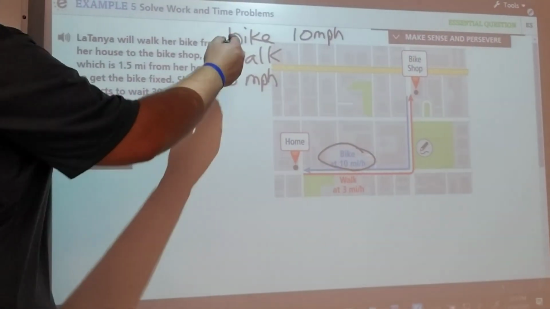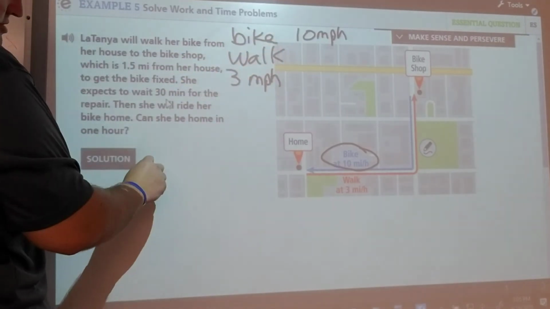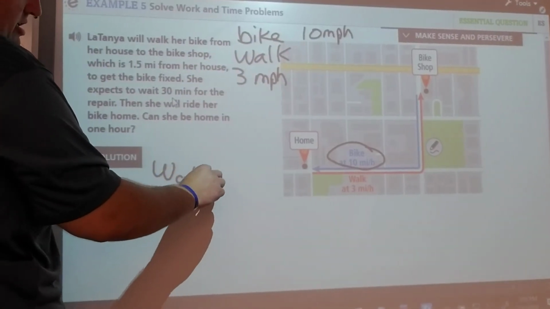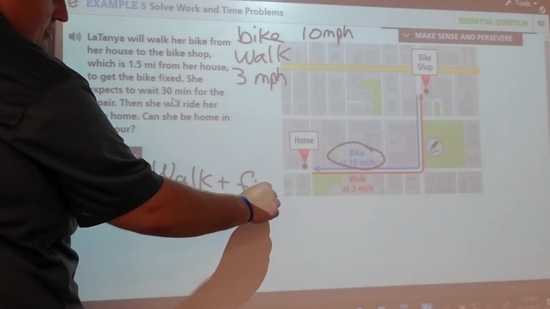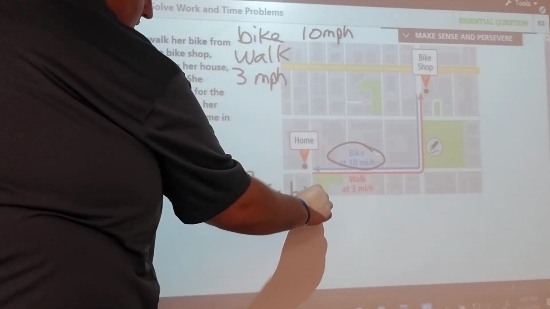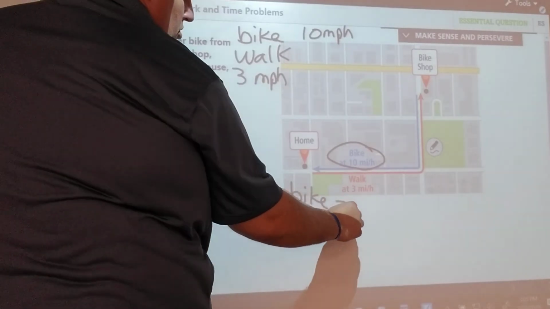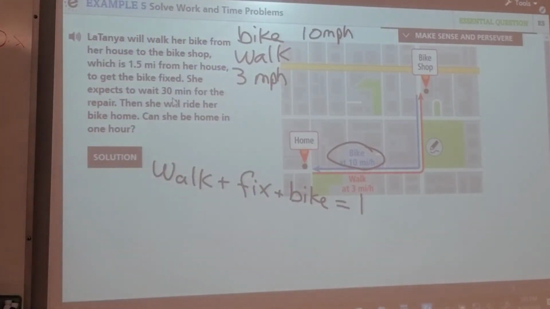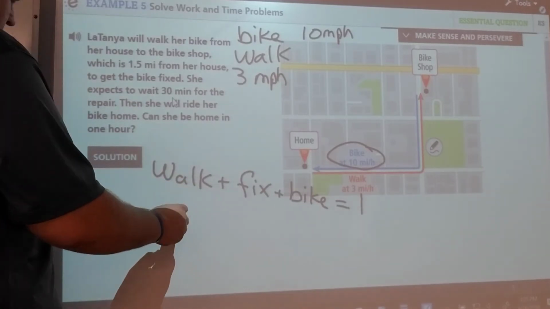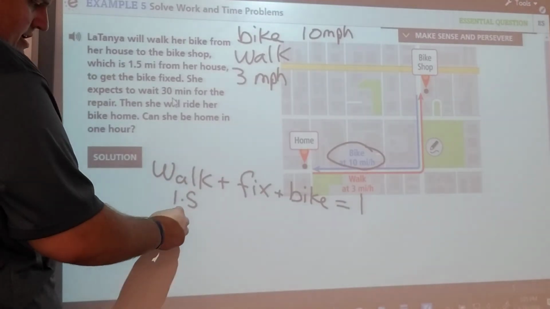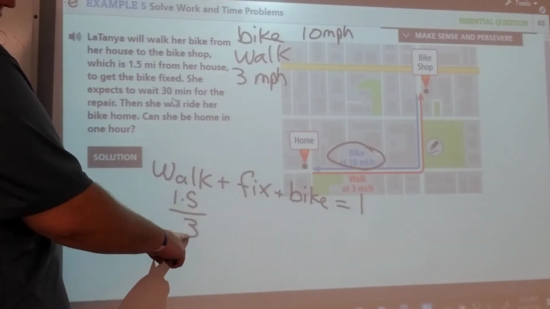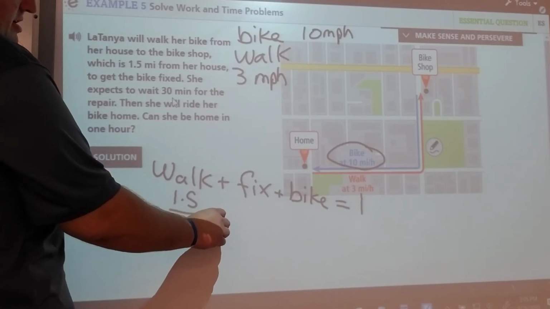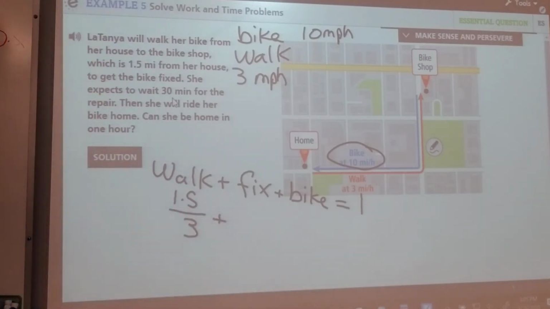So I know that for walking, here's what we got. We got walk plus fix plus bike, and we need that to equal 1 hour, hopefully. So the walking part is going to be 1.5 divided by 3. The distance divided by the rate. How long is the fix?